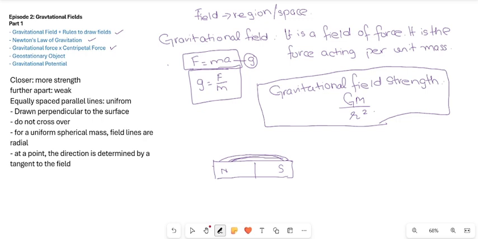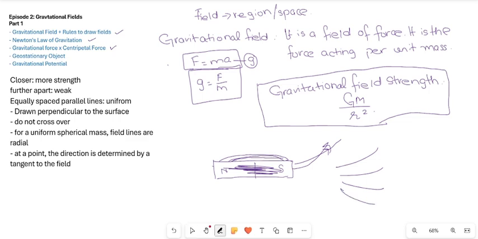Especially if you have an iron core, you will see there are so many field lines inside, which means the magnetic field is very strong. The same goes for electric fields as well as gravitational fields, and they do not cross over. If you have drawn it like this, you cannot draw one like this. They always have to be separated.